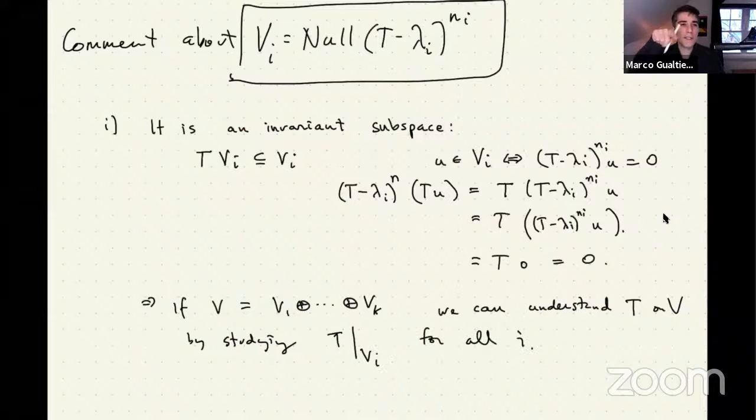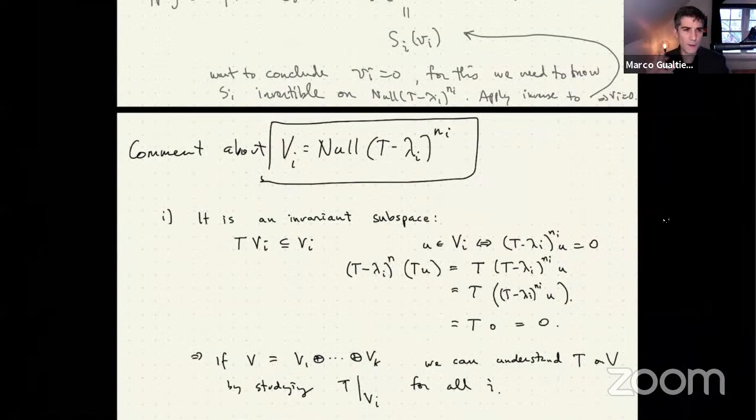If we know how T acts on each of these individual pieces, then we're going to know how it acts on the whole space. So that's the first important part of this.